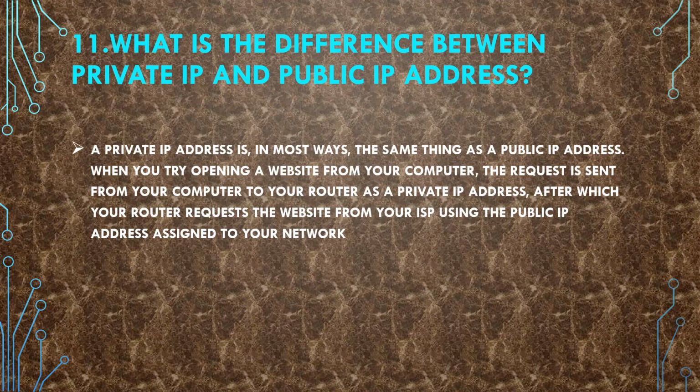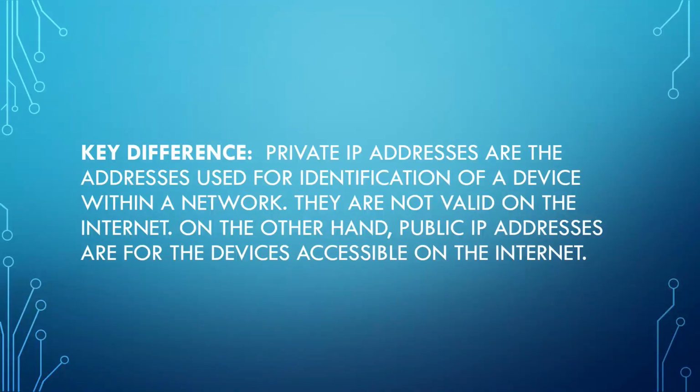When you try opening a website from your computer, the request is sent from your computer to the router using a private IP address, after which your router requests the website from your ISP using the public IP address assigned to your network. I think that is pretty clear.